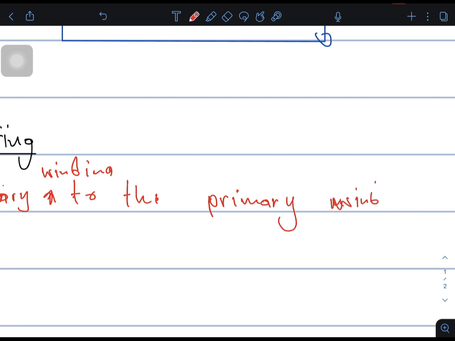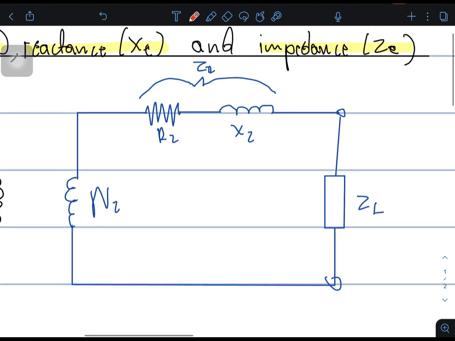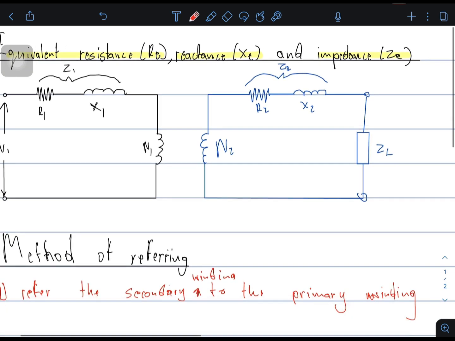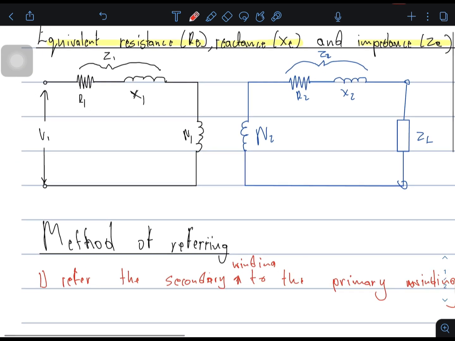Okay, let us go to our circuit and do that. Okay guys, what do we mean if we are referring the secondary winding to the primary winding?